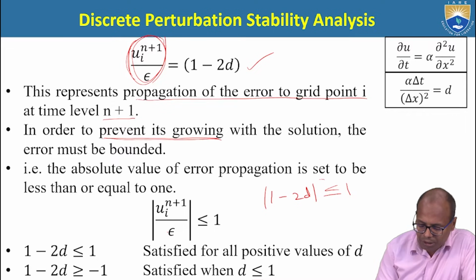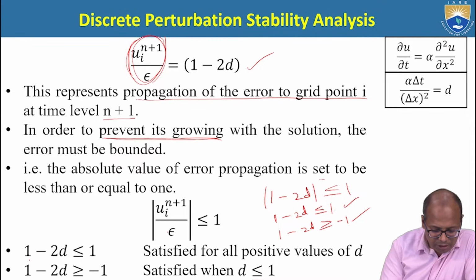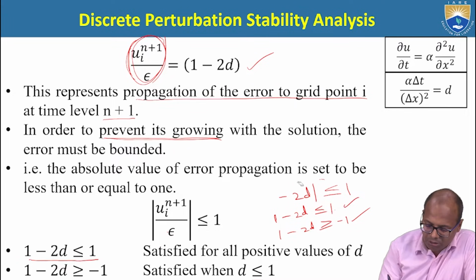Here we are taking a modulus, so it has two conditions. One is 1 minus 2d less than or equal to 1, and the other is 1 minus 2d greater than or equal to minus 1. These are the two cases I will get. Now in the first case, what happens to the solution?